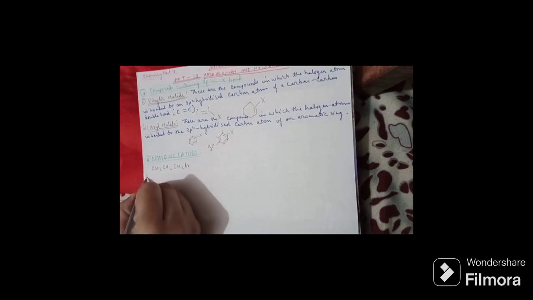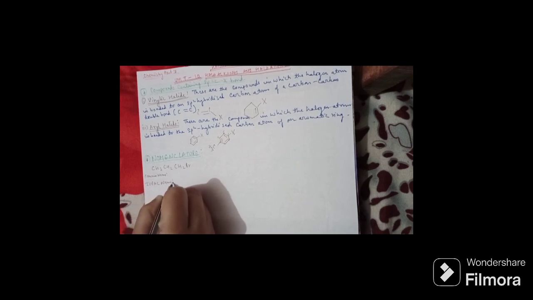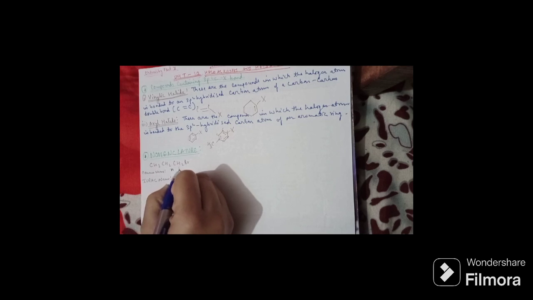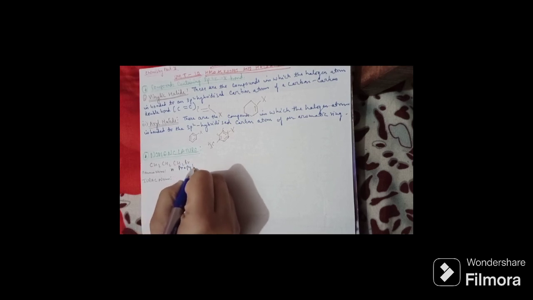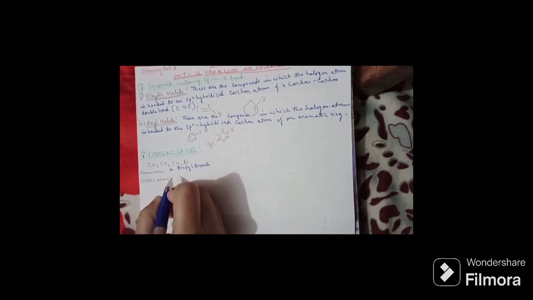So common name and of course the IUPAC name, we discuss one by one. The first structure, CH3CH2CH2Br, is n-propyl bromide. The IUPAC name of this is 1-bromopropane.